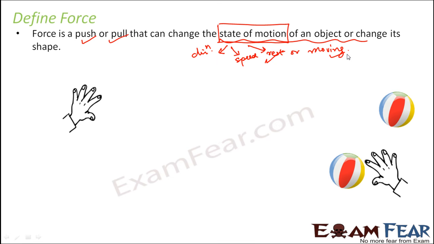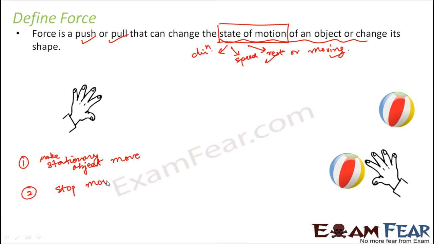So what we can say is that force is that kind of a push or a pull or some action which can make a stationary object move. That is one thing that it can do. It can stop a moving body.